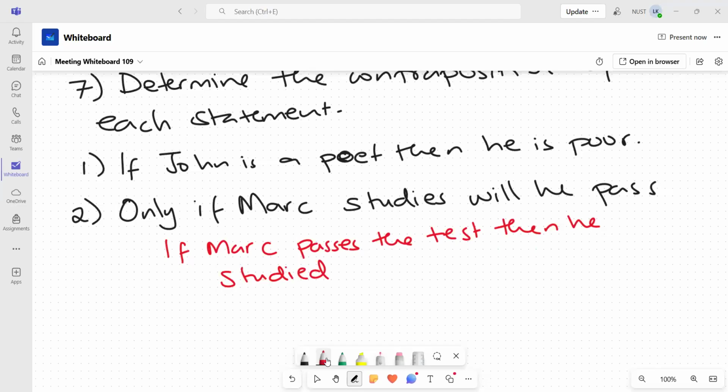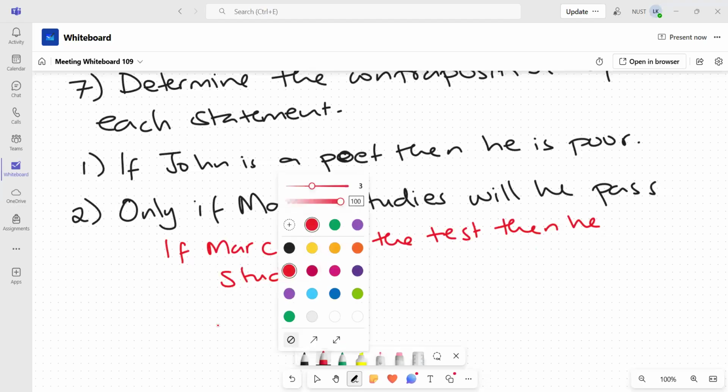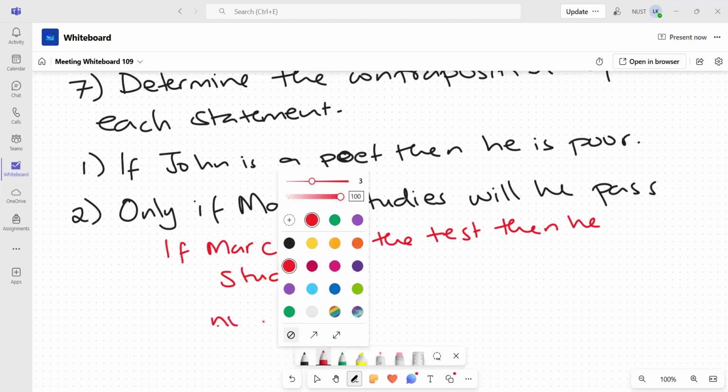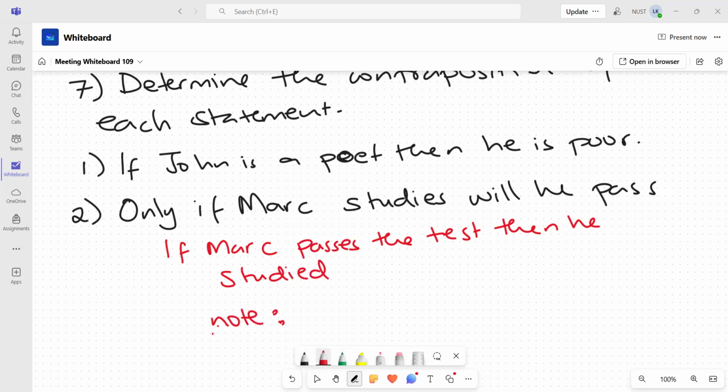So this is what we wrote. So something to take note of. It says that P implies Q means Q only if P.